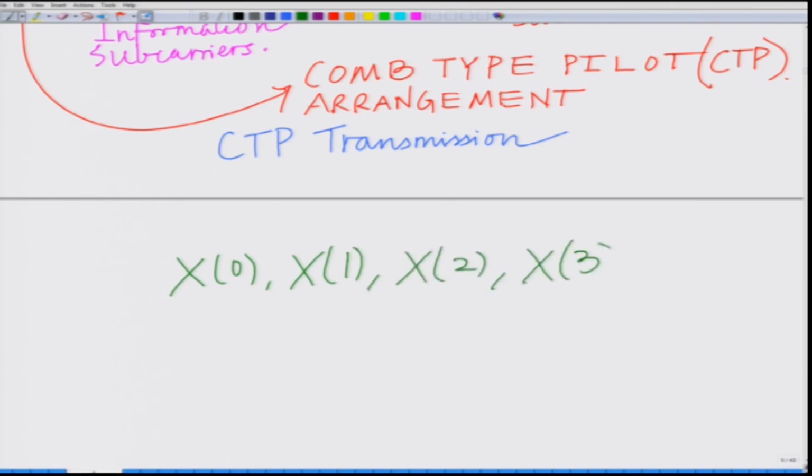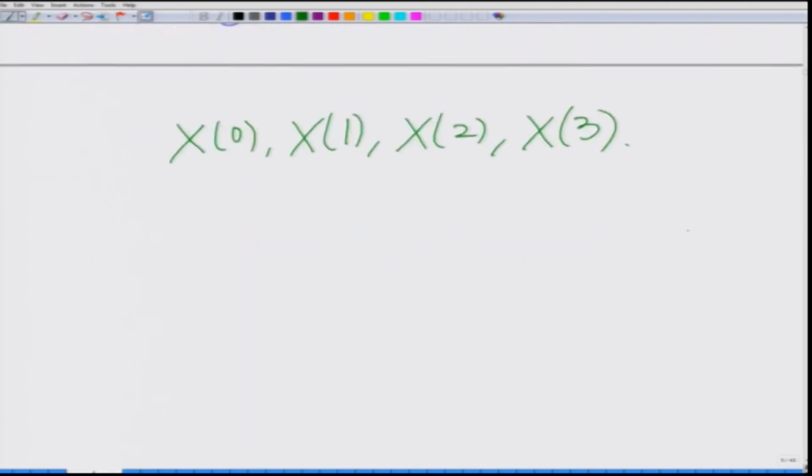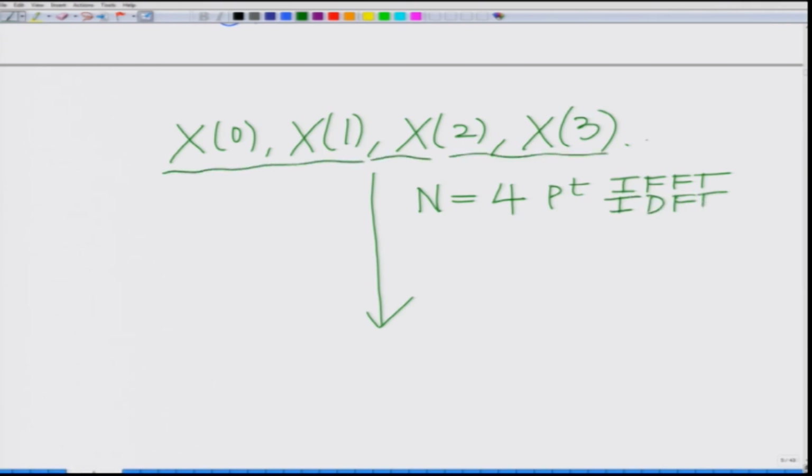This is your comb type block of symbols, and now we are going to do the N equal to 4 point IFFT, which is the efficient version of the IDFT, the inverse discrete Fourier transform. This is the comb type block.